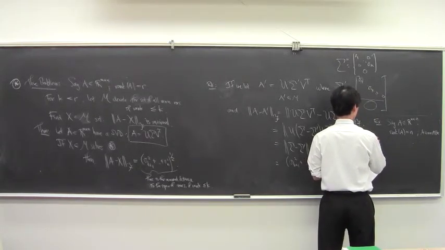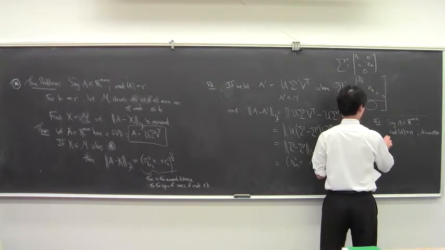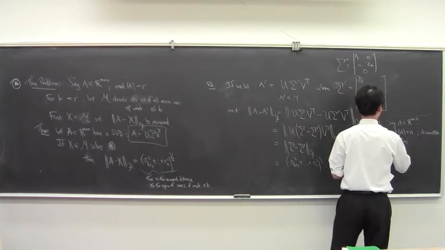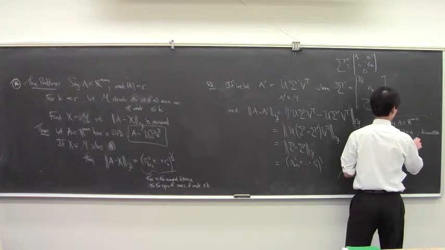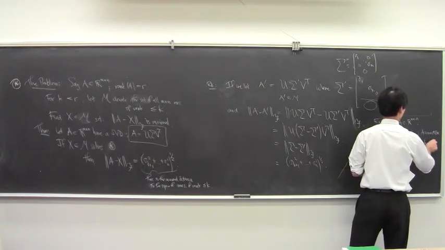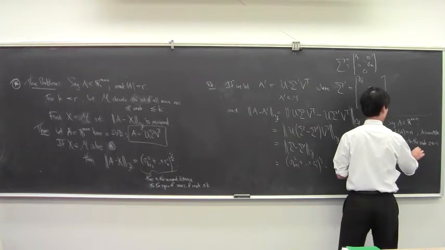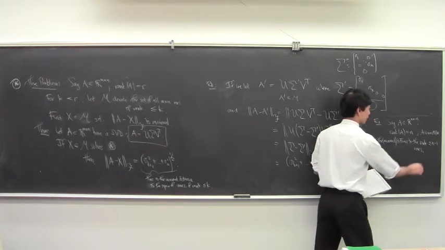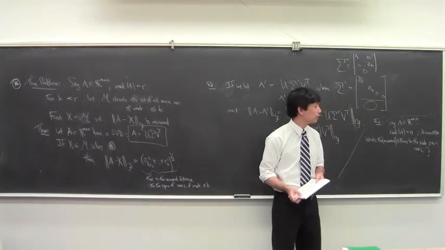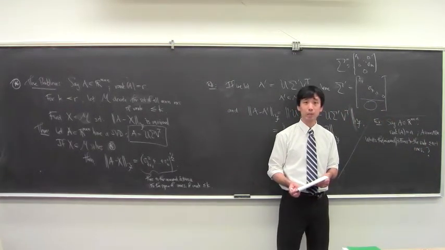What's the minimal distance? What's the distance to the matrices who have rank less than or equal to n minus 1?